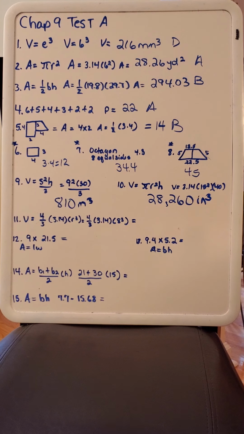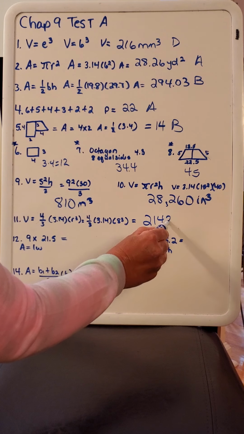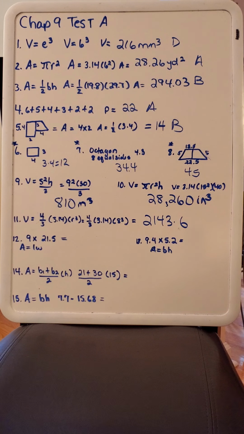Number 11, we're going to find the volume of the sphere. It is 4/3 times pi times radius cubed. So remember, you're going to multiply all the way across and then divide by 3. And then the answer you'll get for that is 2,143.6.